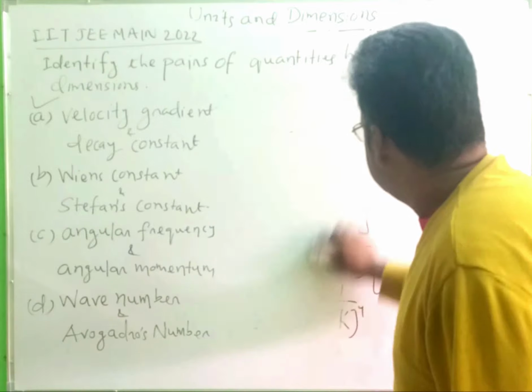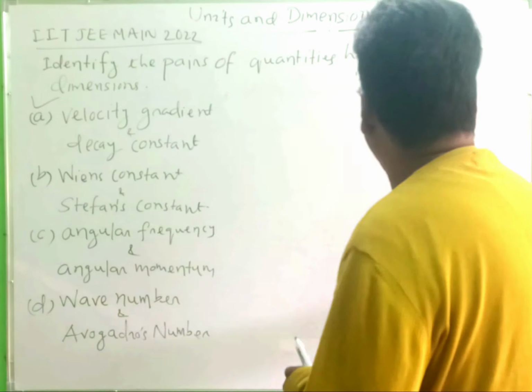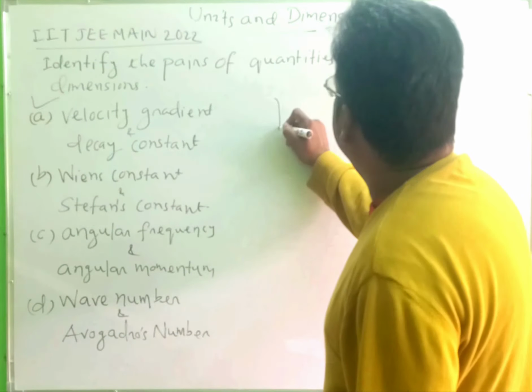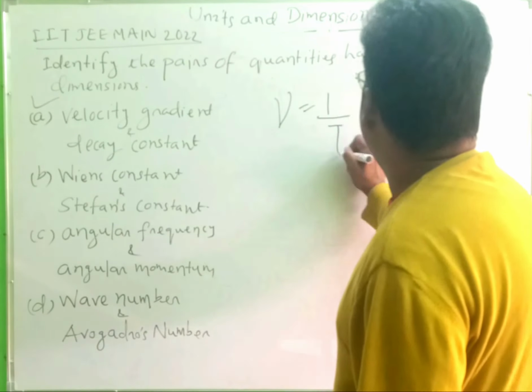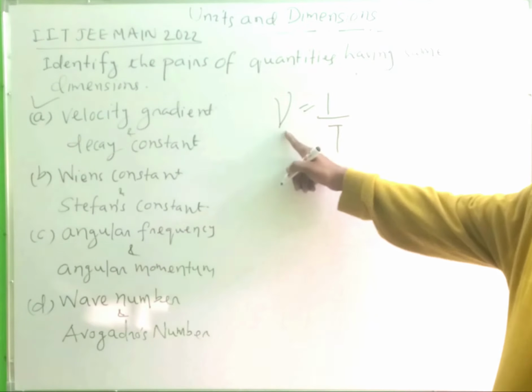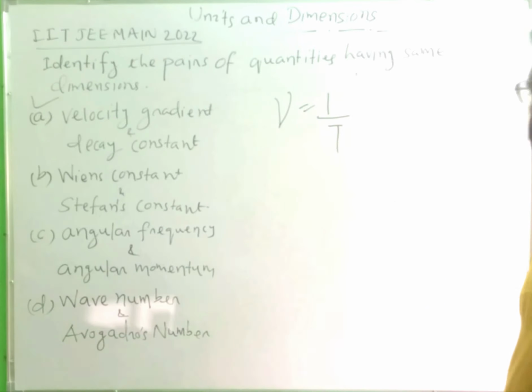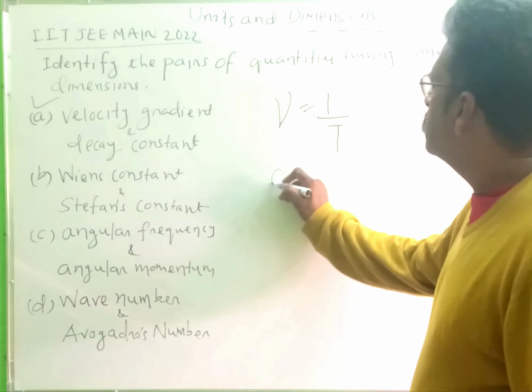What is angular frequency, student? We know frequency in linear motion is 1 by T, where T is the time period of oscillation or vibration. So frequency is the number of oscillations or vibrations per unit time. And what is angular frequency, student?